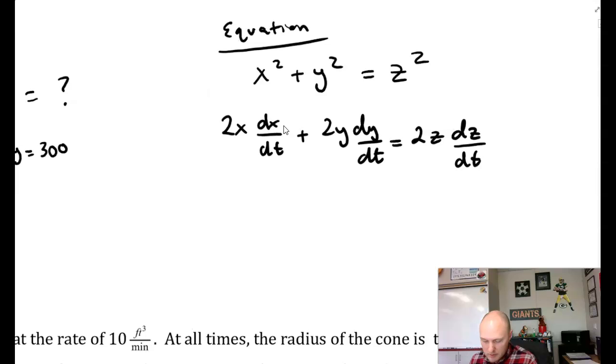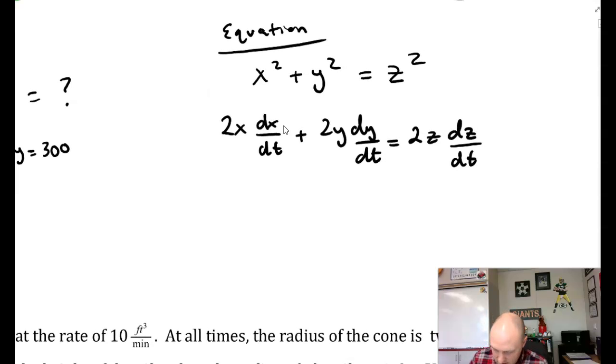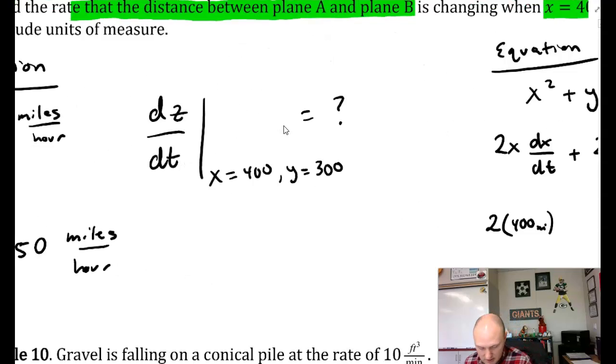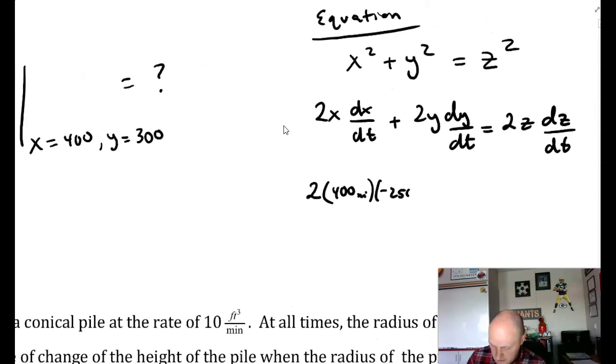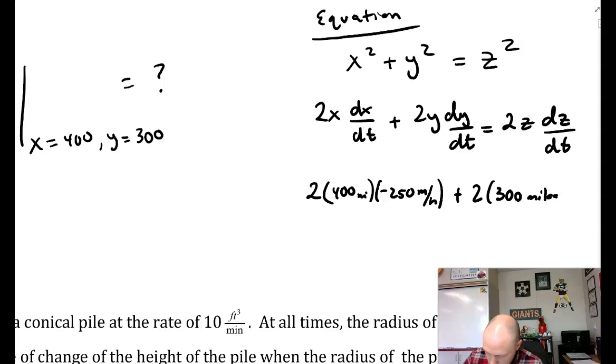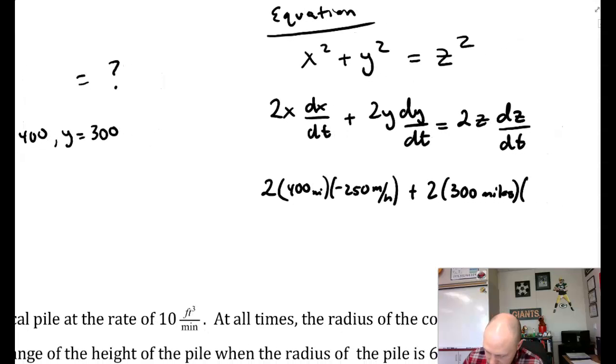Now, according to our problem, we're already given a lot of this. I know that x is 400 miles. I know that that plane has a rate, dx/dt, of negative 250 miles per hour, plus 2 times y, which is 300 miles, times its rate, which is negative 200 miles per hour.